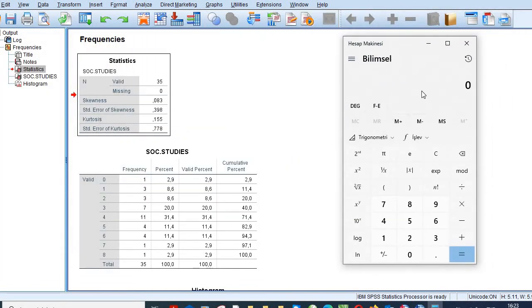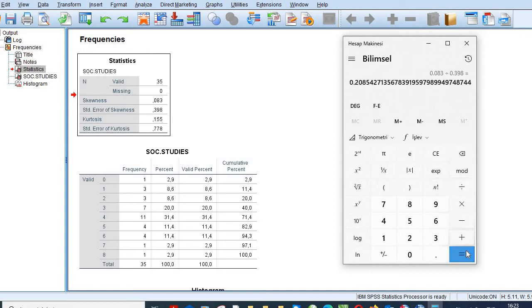Well, first of all, let us find the Z value for skewness. 0.083 should be divided by its error, which is 0.398.